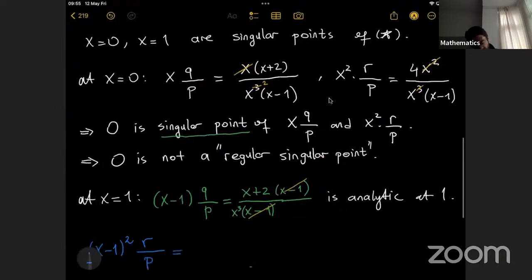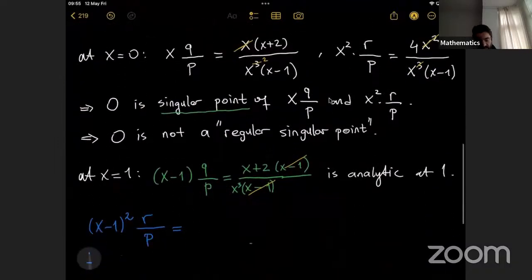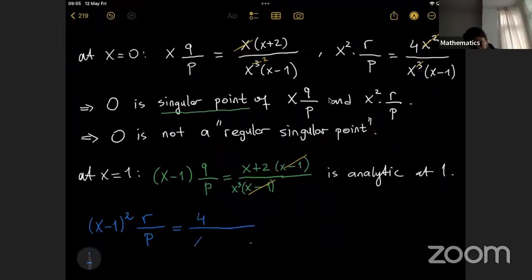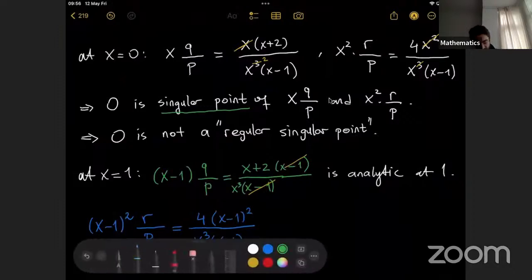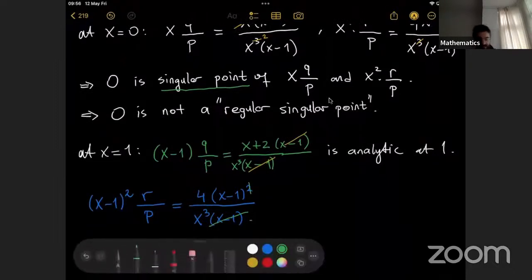R over P is 4 over x cubed times x minus 1. And you multiply this with x minus 1 square. Well, again, you cancel out the terms here, this one with one of those, and still you see that the bottom is non-zero.